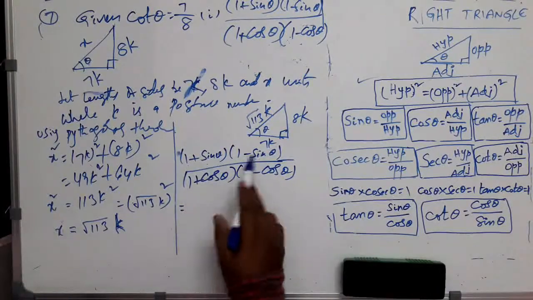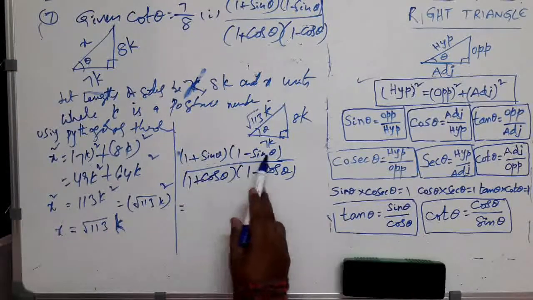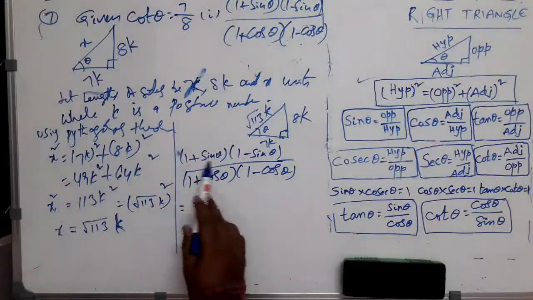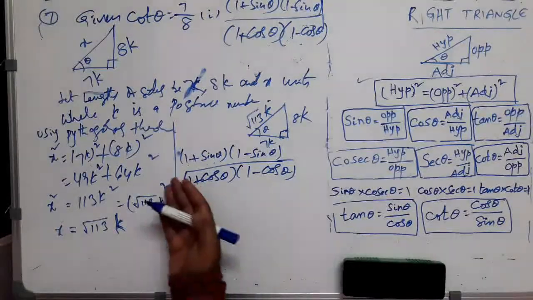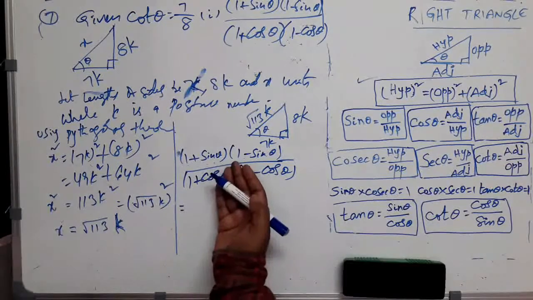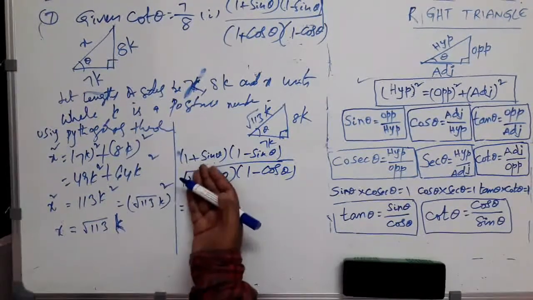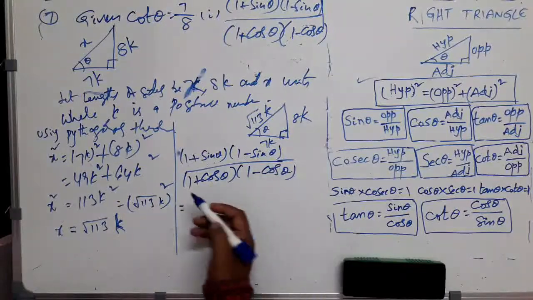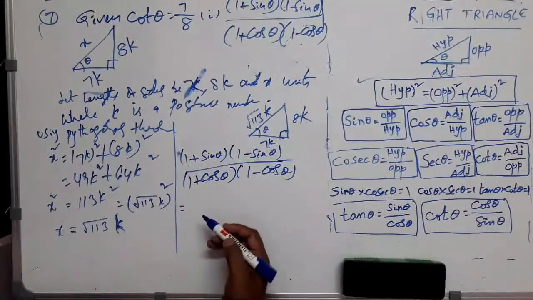These two terms are in the form a plus b into a minus b, right? You know the formula, right? a plus b into a minus b is the identity a square minus b square.